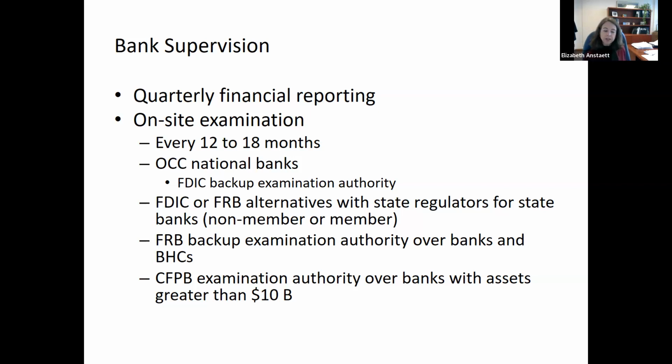Whereas for the larger institutions, while the bank regulators will look at that as part of, obviously, compliance, they won't be focused on it in the same way that the CFPB is focused on essentially harm to consumers or the lack thereof.